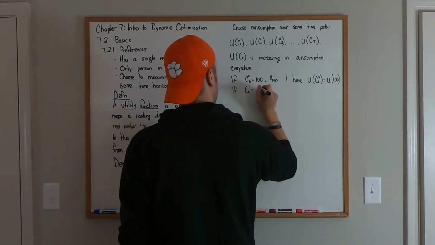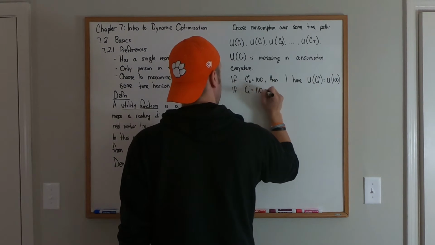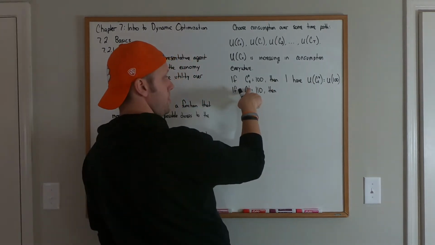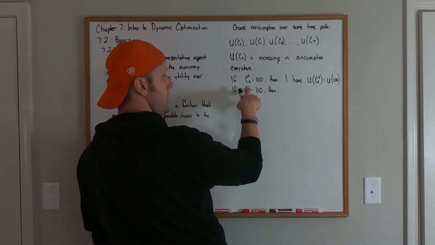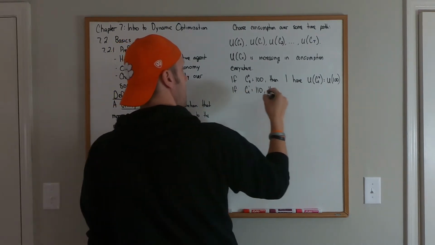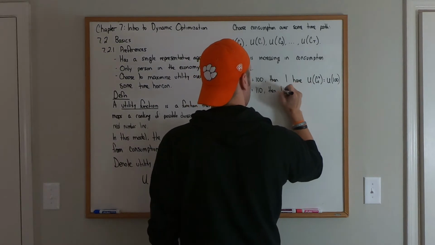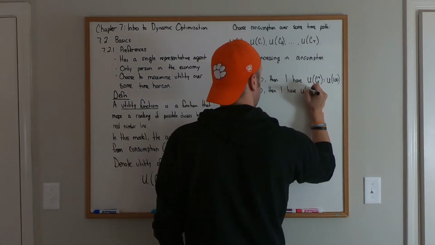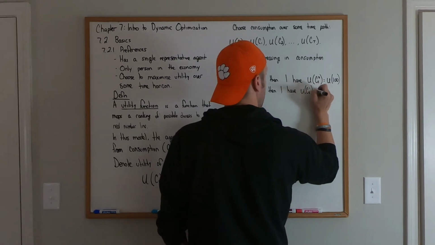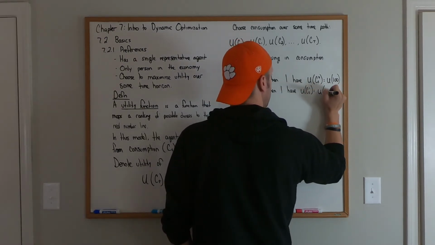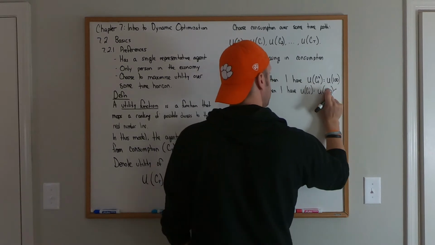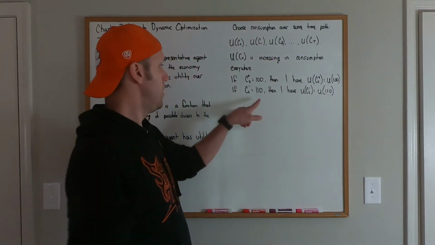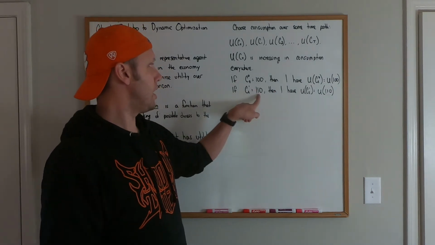If an alternative level of consumption, C_t with this little superscript 1, all right, if this is an alternative amount of consumption, then I have u of C_t prime equals u of 100. Oh, not 100, 110. Because the alternative amount of consumption is 110 units.